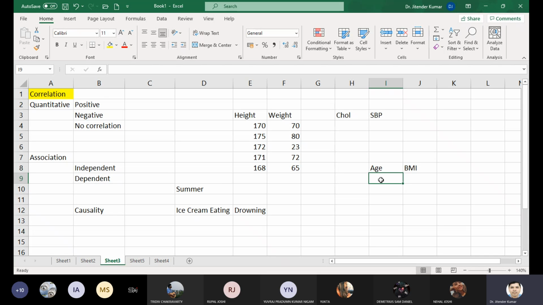But if you take the age band of, let's say, 5 to 25, you'll find a linear relationship. So with correlation, you can study only linear relationships. If you want to study non-linear relationships, there are certain other methods. So we'll be dealing only with linear relationships here.